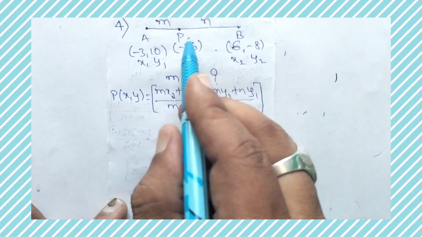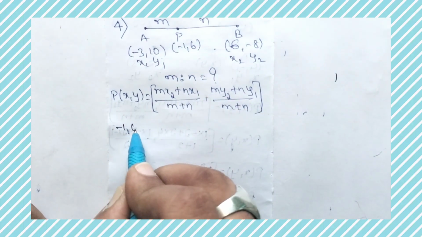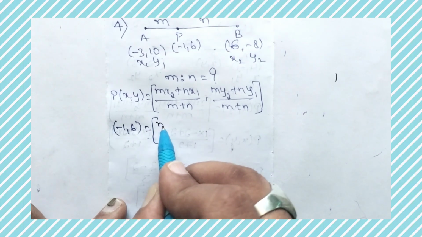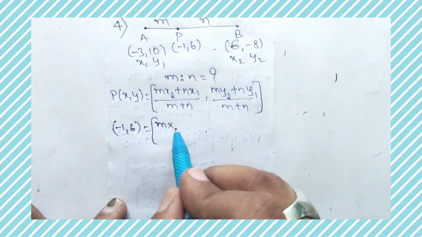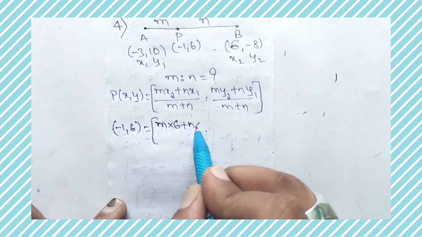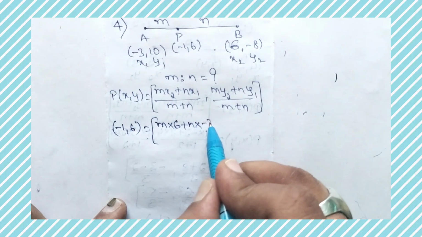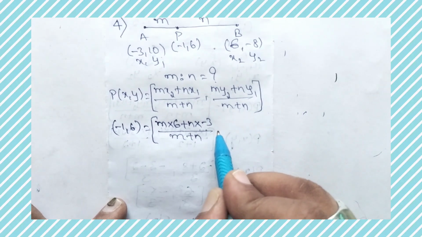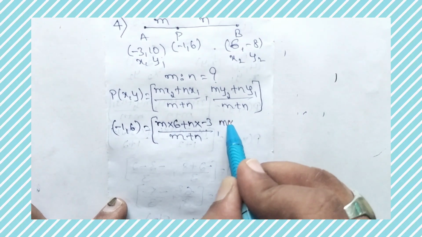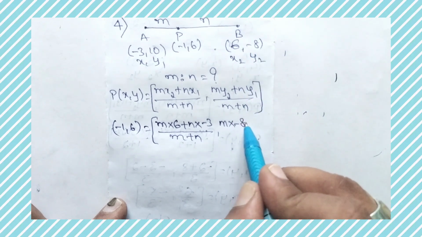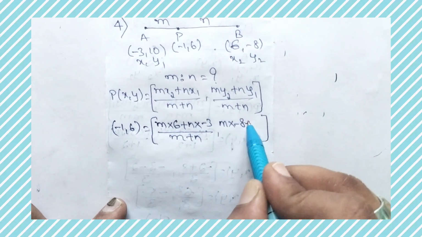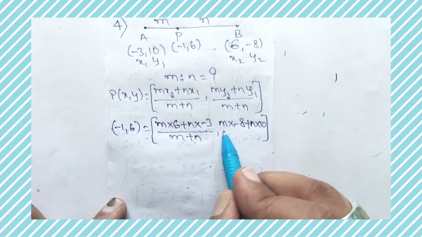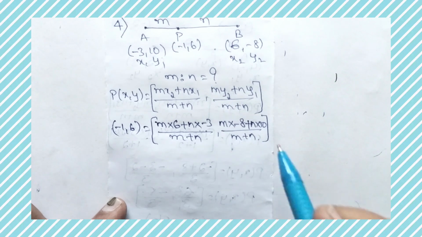Px comma y is given as minus 1 comma 6, which is equal to m into x2, that is 6, plus n, we don't know, into x1, that is minus 3, divided by m plus n, we don't know what is the ratio, comma m we don't know, y2 is minus 8, plus n we don't know into y1 is 10, divided by m plus n.